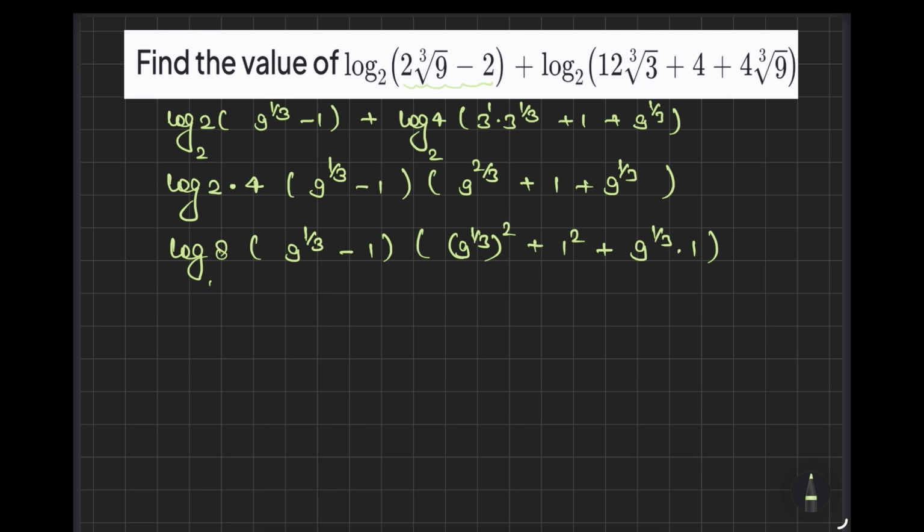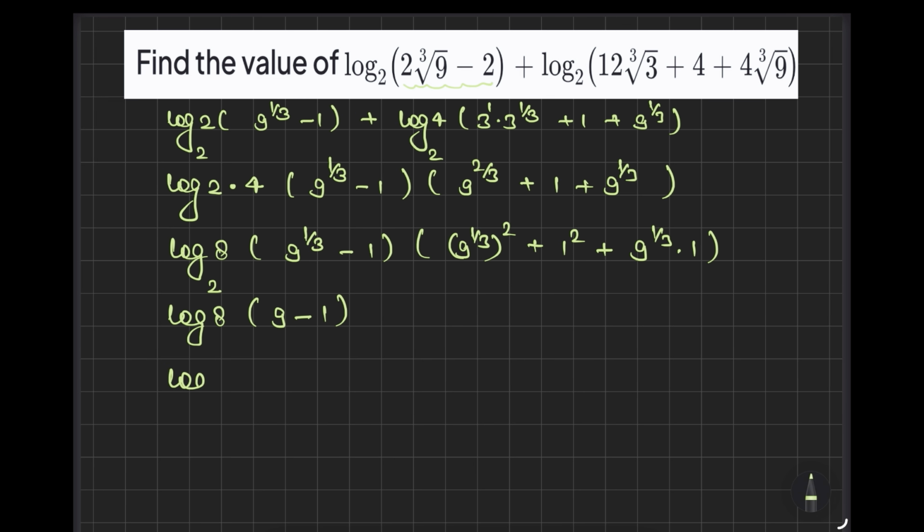So clearly it is a cube minus b cube. So can I write log 8, who is this multiplied by this is a cube minus b cube. So 9 power 1 by 3 power 3. So 3 and 1 by 3 will be neutralized and we will be left with 9. A cube minus b cube, 1 cube is 1. So it is 8 again.